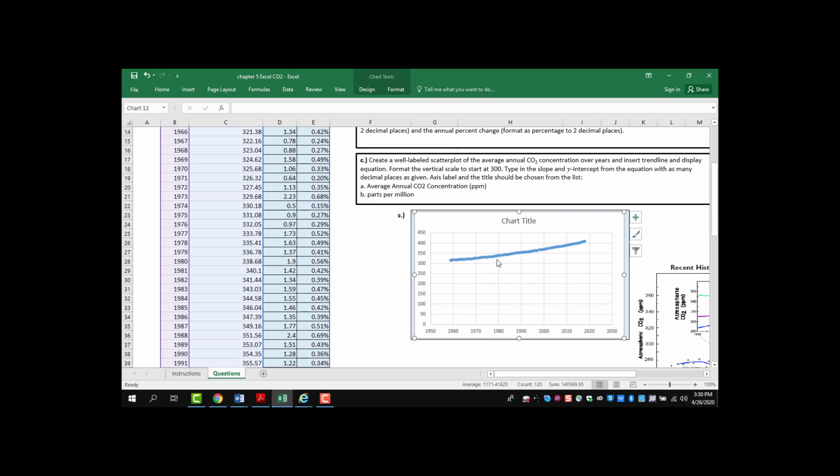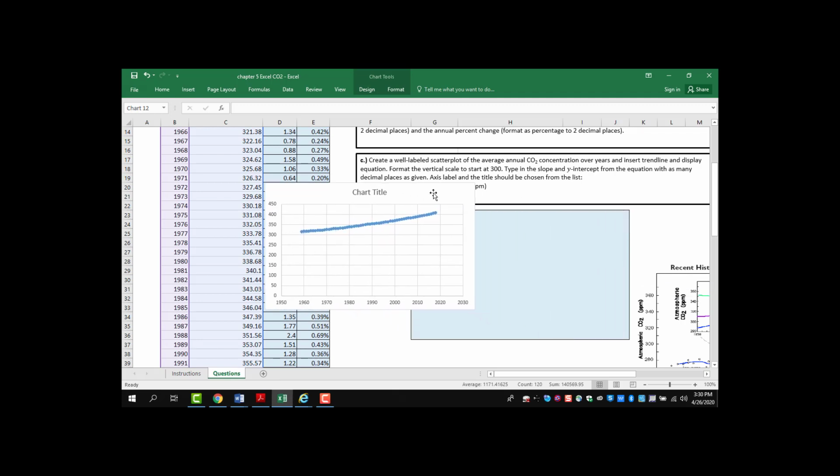Okay, the one thing you may not know is how to insert a trend line and display the equation. And then I want to format this so it starts at 300. But let's just do this trend line. I want to add a trend line. Let me move this over so it's a little easier to see.